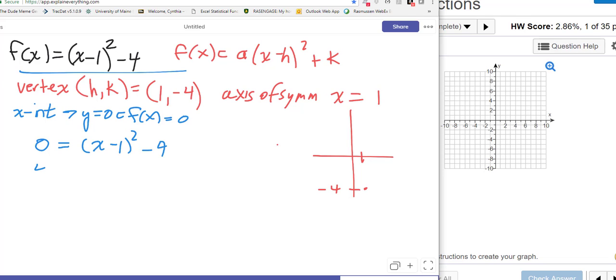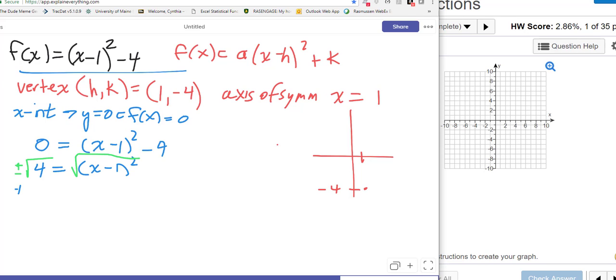So I can add 4 on both sides. Remember, when you have something squared and you want to get rid of it, you take the square root. However, you have to be careful when you do the square root. You need to do the plus and minus.